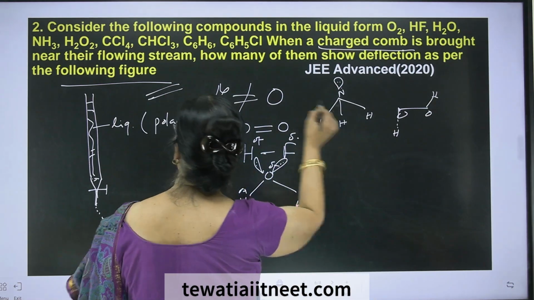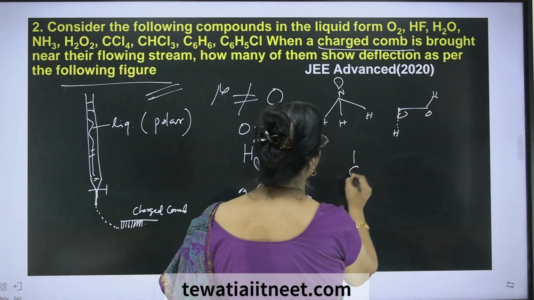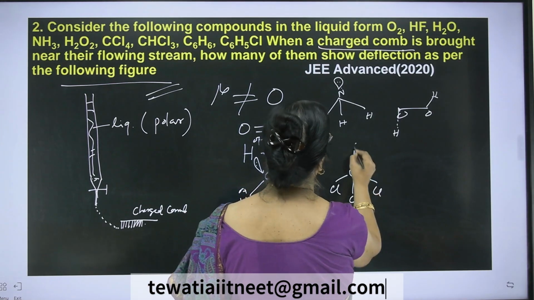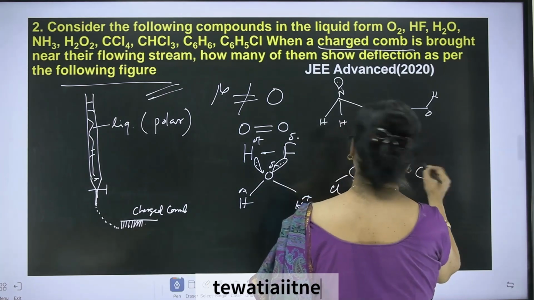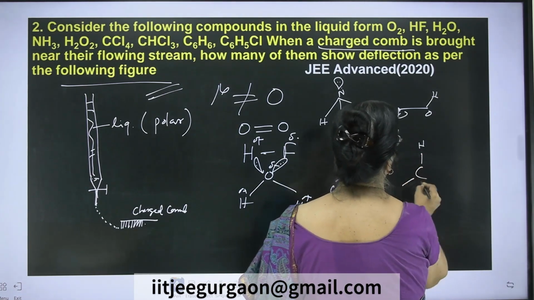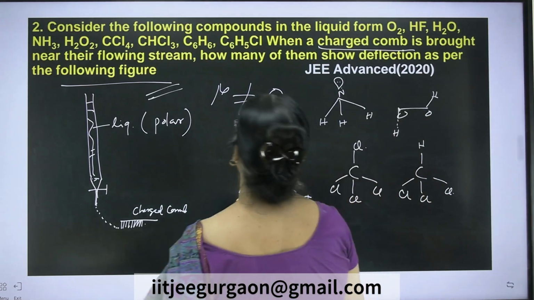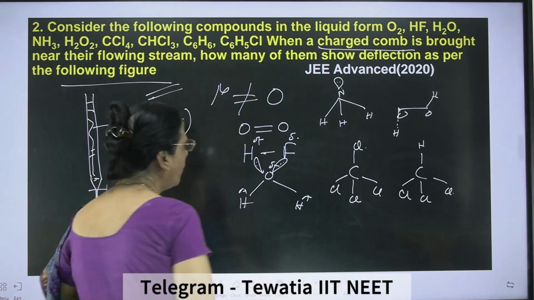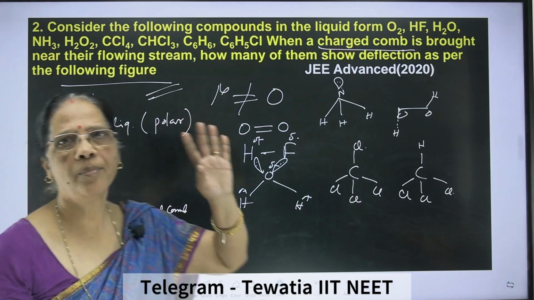So it is having dipole moment also. CCl4. Okay, then your CHCl3, clear, and C6H6 benzene.